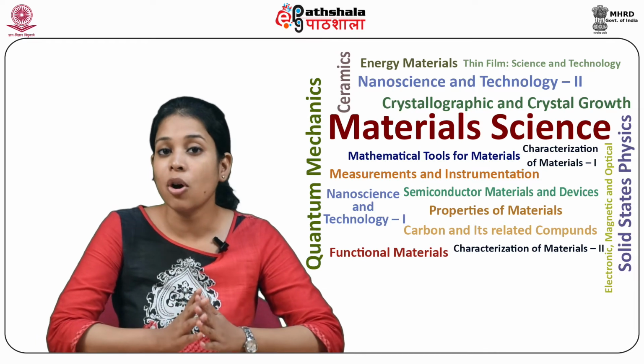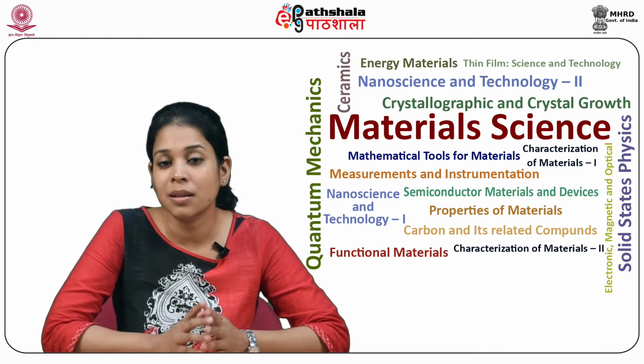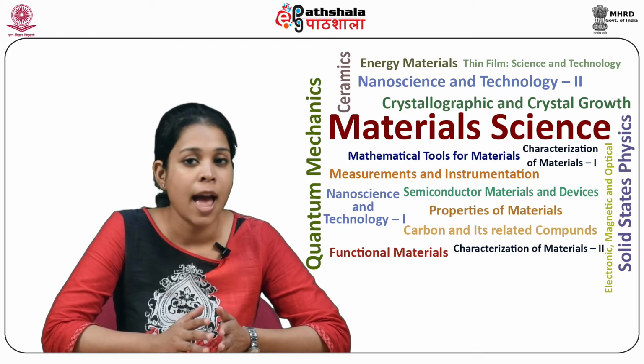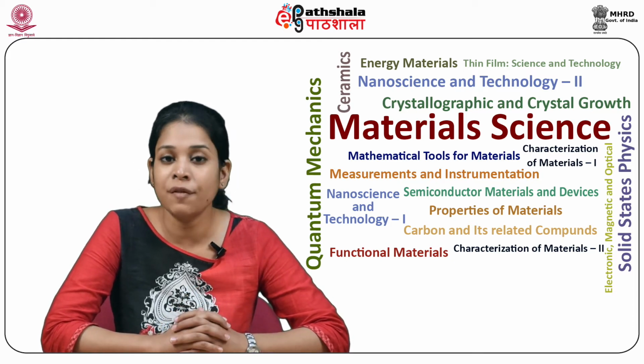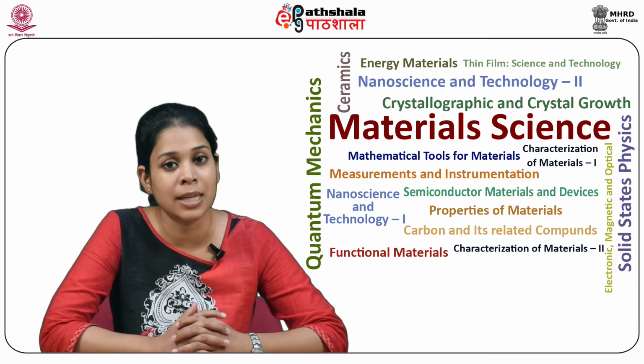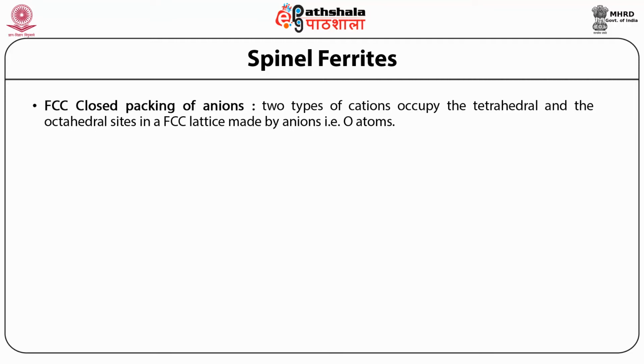In terms of their magnetic properties, the different ferrites are often classified into soft and hard, which refers to their low or high magnetic coercivity. First we are discussing spinel ferrites. These are cubic spinel ferrites.